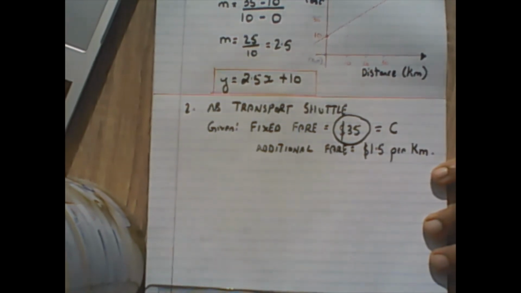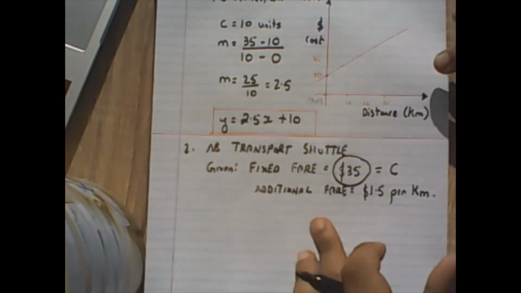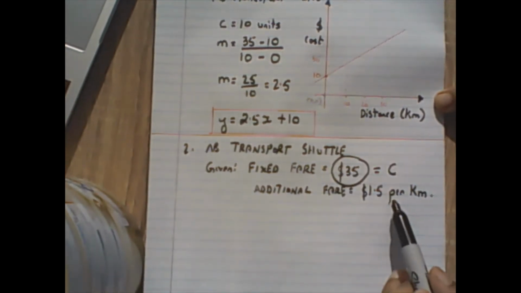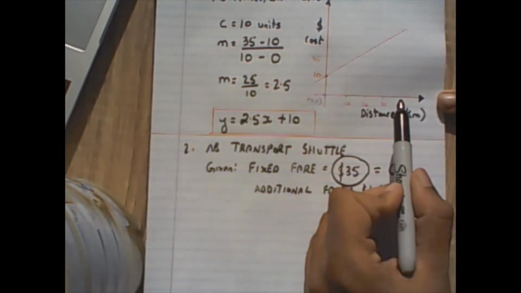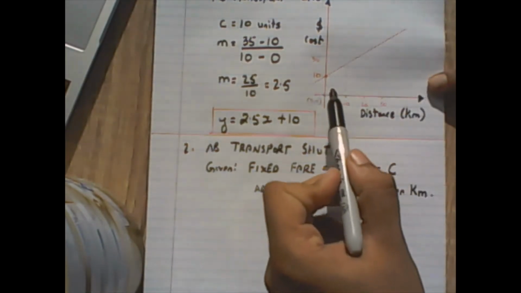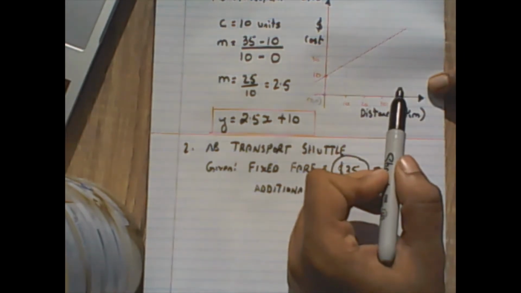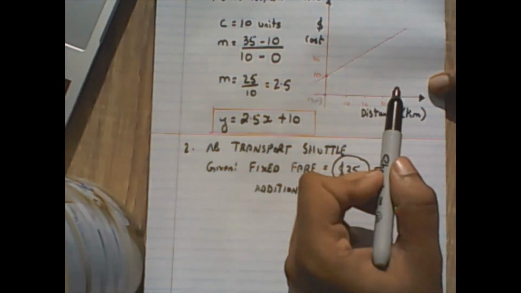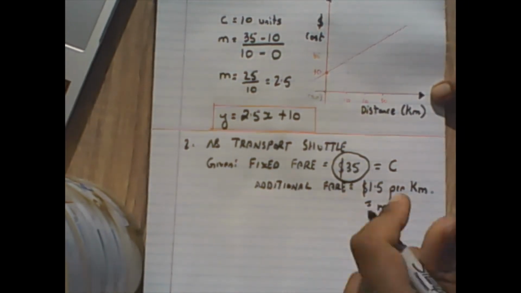If you look at the second statement, which says additional fare of $1.5 per kilometer, referring back to the diagram that I have here, when he says per kilometer, he's referring to the x value, the x-axis. So every unit of x value that I'm increasing, I need to multiply it by 1.5. This is nothing but my slope.